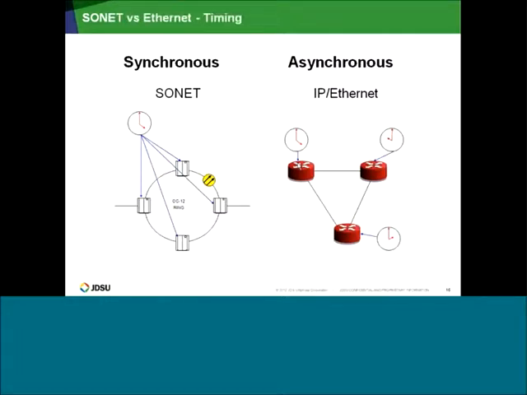It doesn't matter, because the traffic is only sent when it's required to, whereas in SONET, the traffic is present at all times in the link. So synchronization is extremely important when you're deploying SONET or DS1, and not so important when you're deploying Ethernet. This is an extremely fundamental difference between the two.